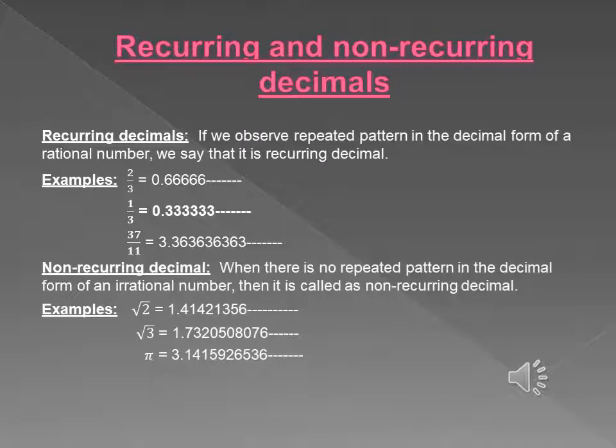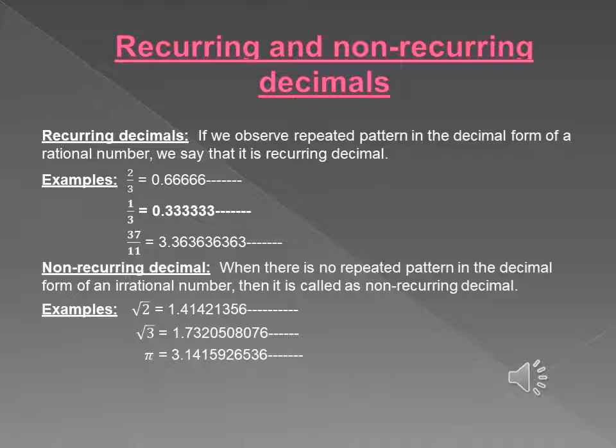If we transform the rational number into the decimal form and we get a repeated pattern in the decimal form, then we say that it is a recurring decimal. For example, 2 by 3 is equal to 0.6666.